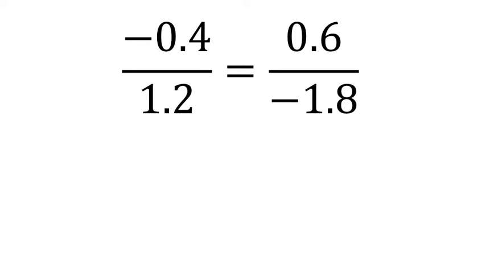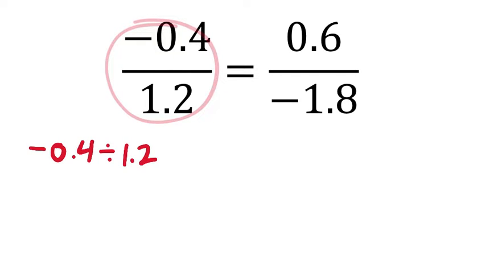Okay, so for this first one, I'll do this first one here in red. So in my calculator, again, I'm just putting in negative 0.4 divided by 1.2, and I'm going to see what that gives me in the calculator. So negative 0.4 divided by 1.2, enter, and the calculator gives me negative 0.3, the 3's repeat.